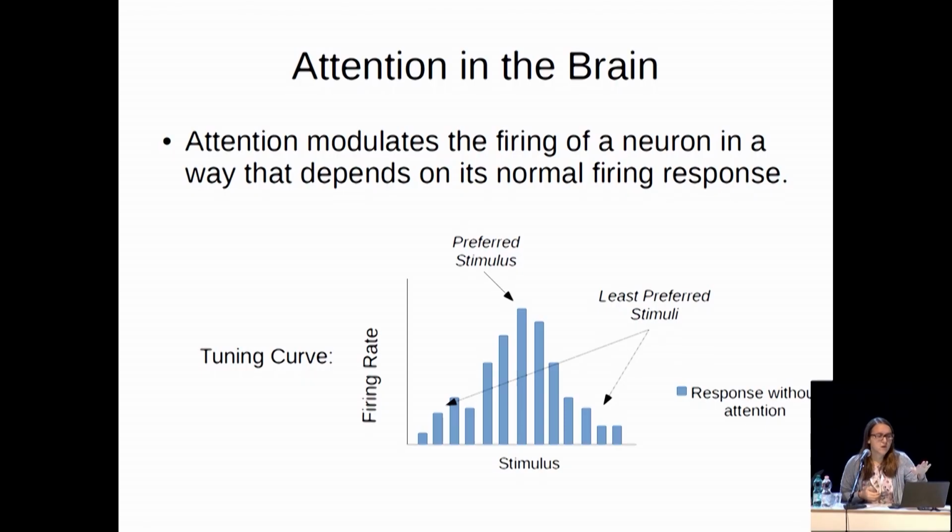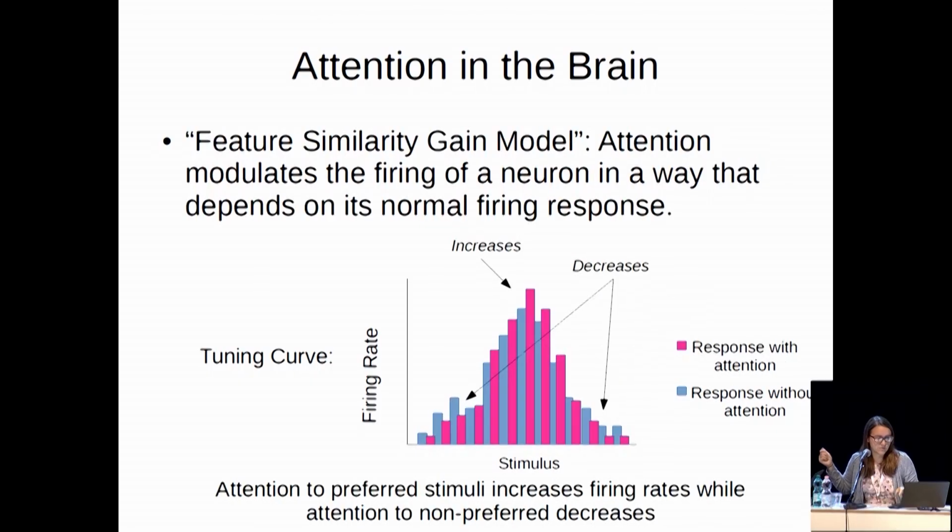So there's a model of attention based on neural data that says that attention modulates the firing of a neuron in a way that depends on its tuning curve, in a way that depends on its normal response. The way that would look is that for the stimuli that the neuron prefers, when that feature is being attended, those neurons have increased firing.